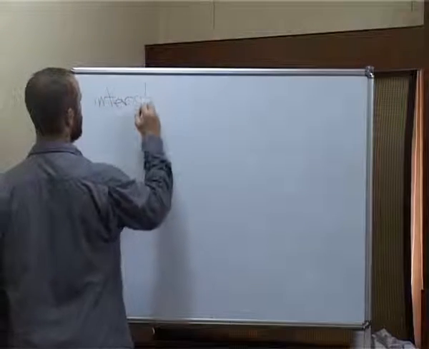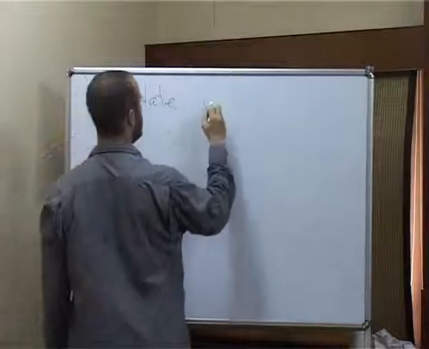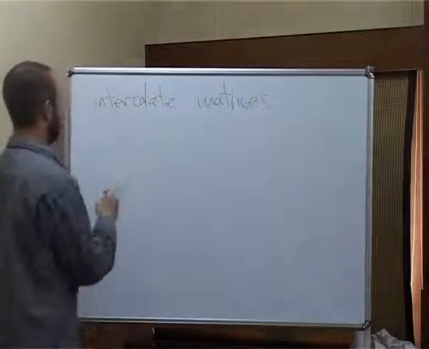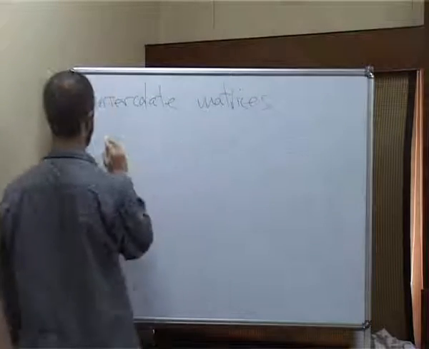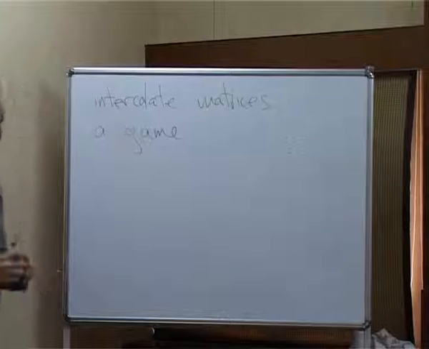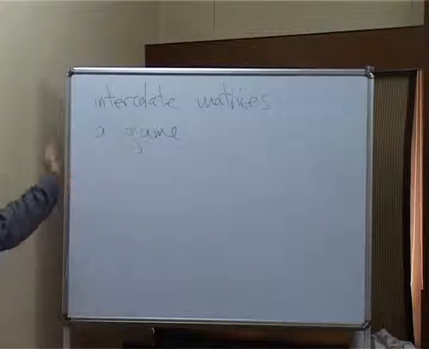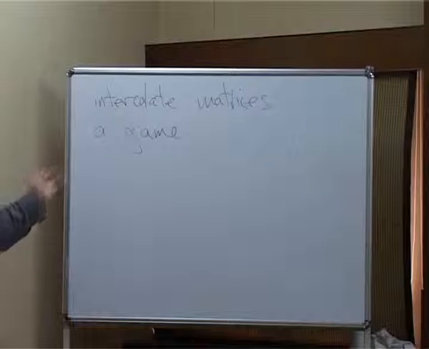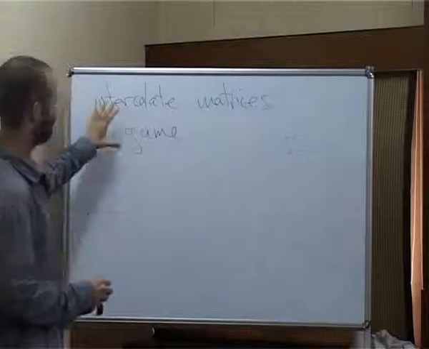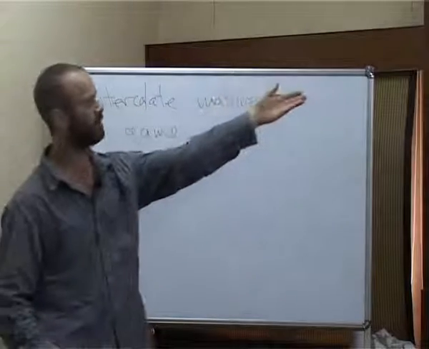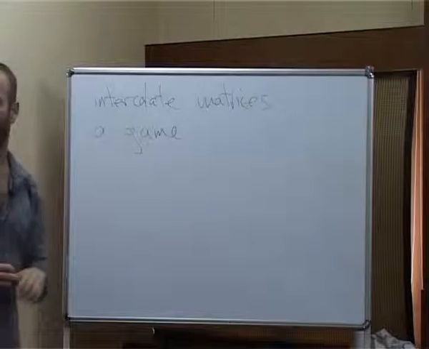It's called intercolored matrices. So this is just a game. The name intercolored I did not give. This is someone else's. So now I will tell you what this game is and how it is related to this lower bound and this upper bound.